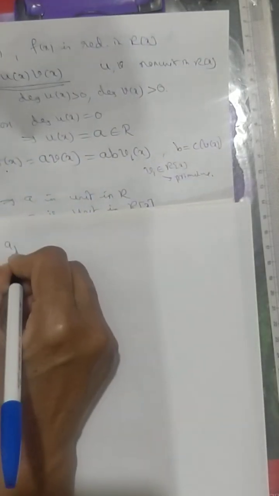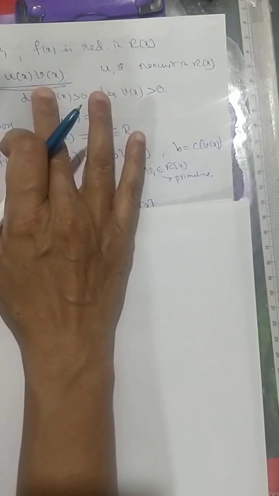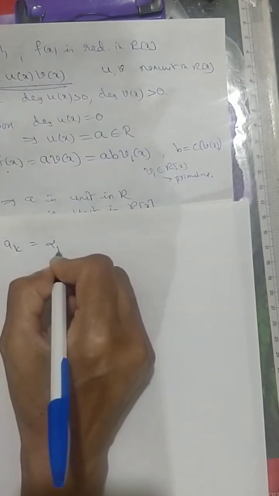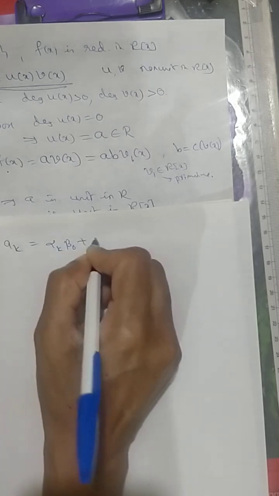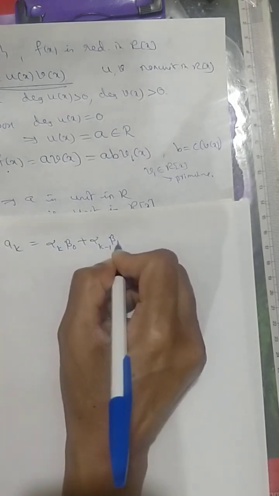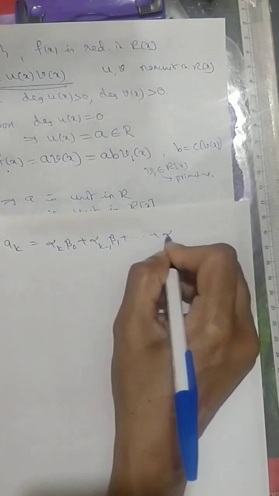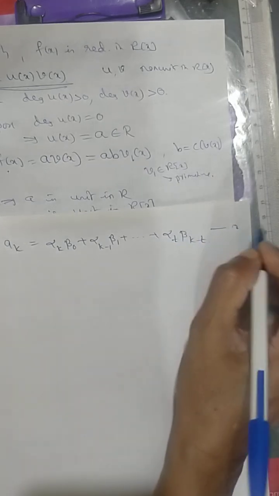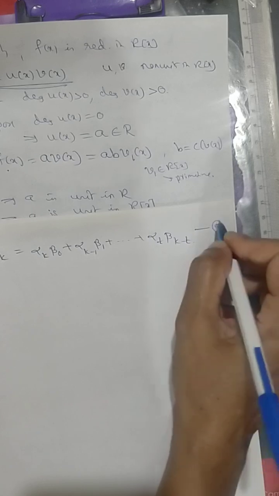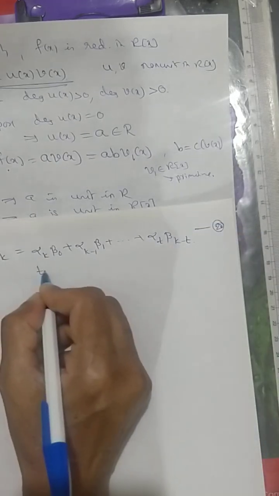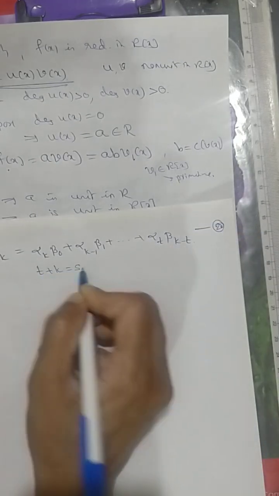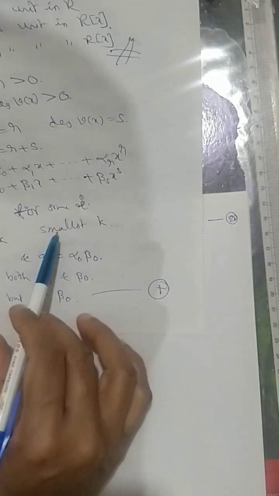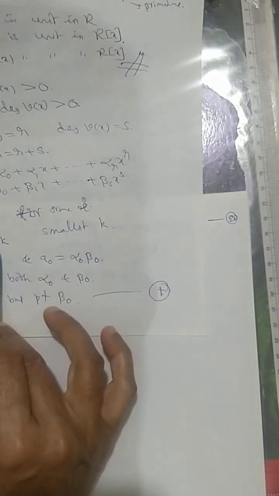It is a_k. And the coefficient of x^k in the product u(x)v(x) is alpha_k beta_0 + alpha_{k-1} beta_1 and so on up to alpha_t beta_{k-t}. Let me consider this as the second statement, where t + k is equal to s.